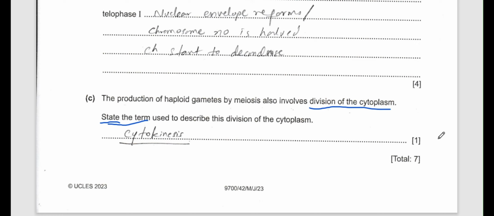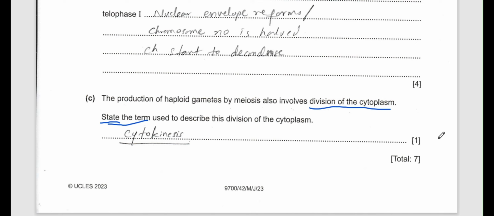Okay, so state the term means you just have to write the terminology and that's it. And if you see, I have underlined the terminology cytokinesis. It means this is the only terminology the examiner will be accepting, because this is the exact terminology which the examiner is looking for.